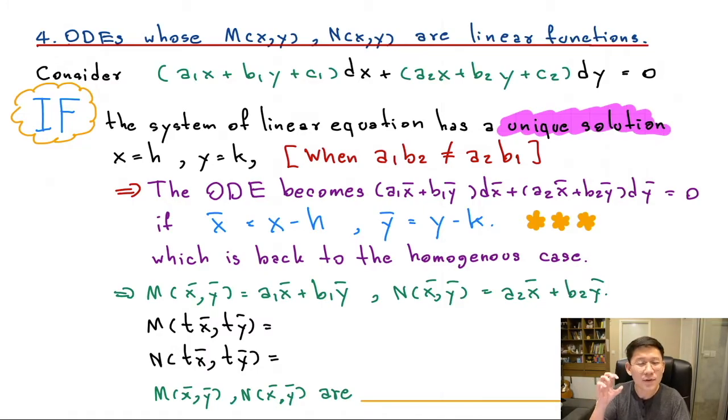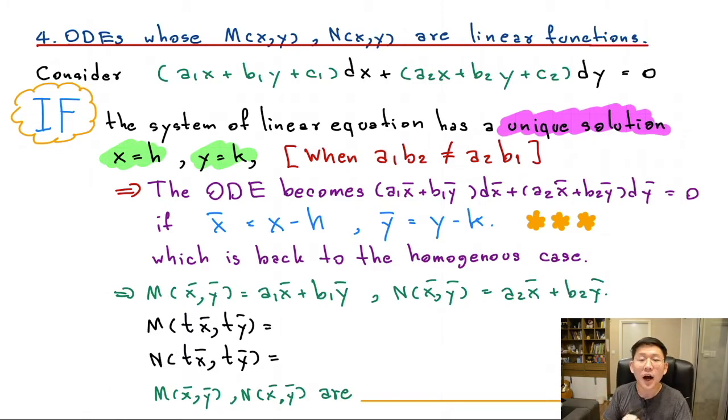Say that solution is x equals h and y equals k. You can obtain the unique solution when a1 b2 is not equal to a2 b1.